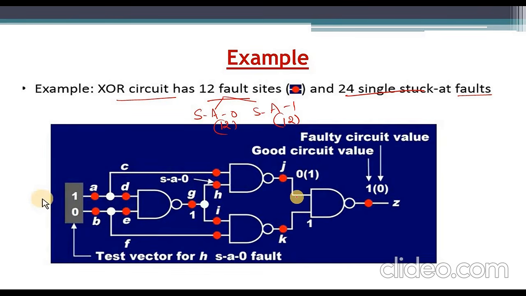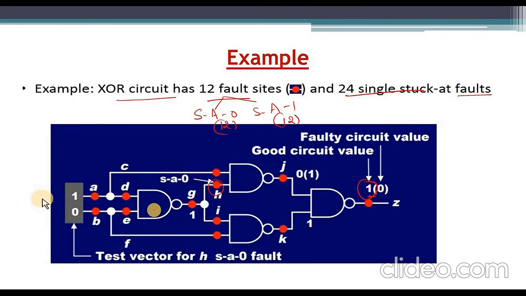Fine. So if I am giving the test vector, simply remember that test vector means input only. If I give the input 1 0 for this particular circuit, we are going to get 1. If there is no fault, it is a good circuit, and we get the output 1.